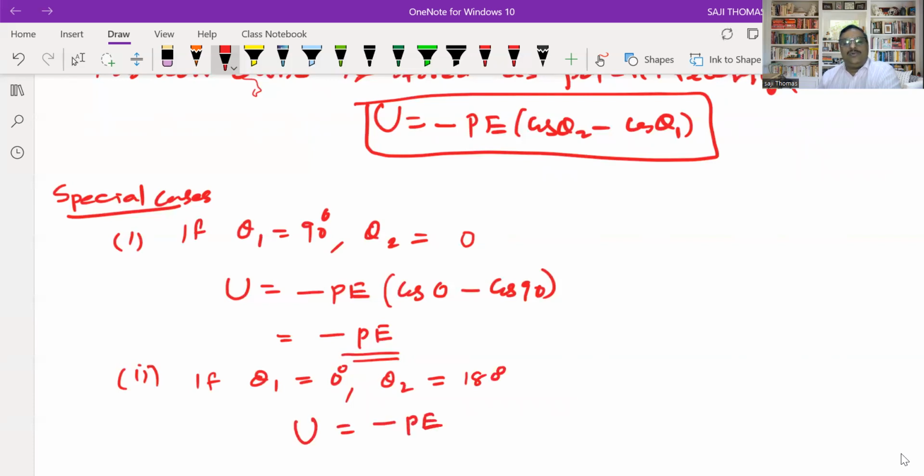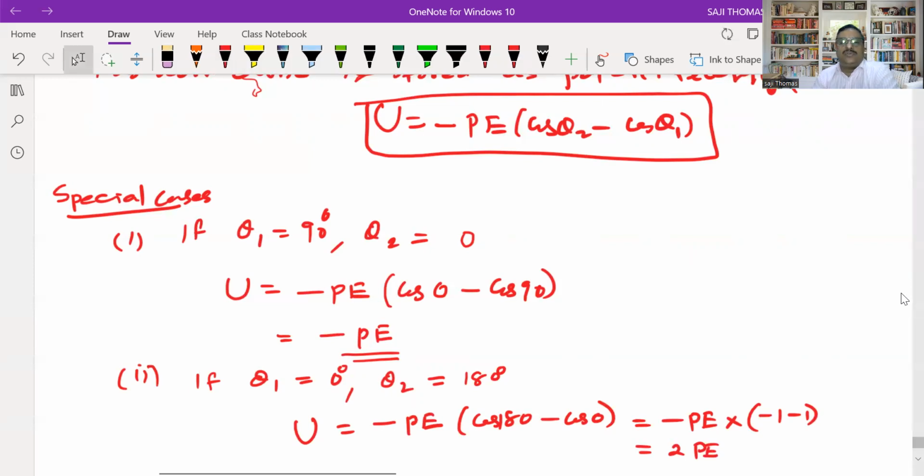Minus P E into cos 180 minus cos 0. This will be minus P E into minus 1 is equal to 2 P E. Theta 1 0, theta 2 180 degree, potential energy is 2 P E.